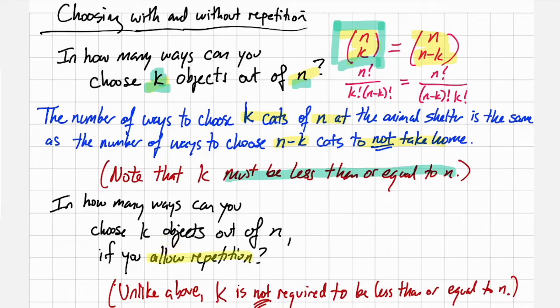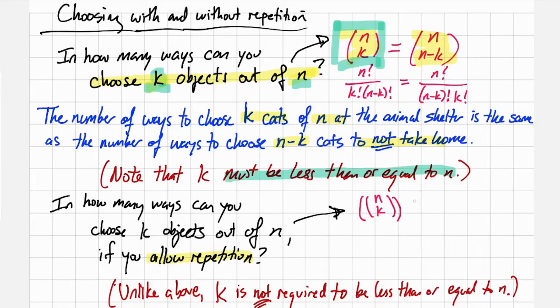But if you allow repetition, you're in this situation of multisets, and just like when we were choosing k objects out of n, you recognize that the answer is n choose k, you should have a same reflex that when you are choosing k objects out of n and you allow repetition, the answer should be n multi-choose k.